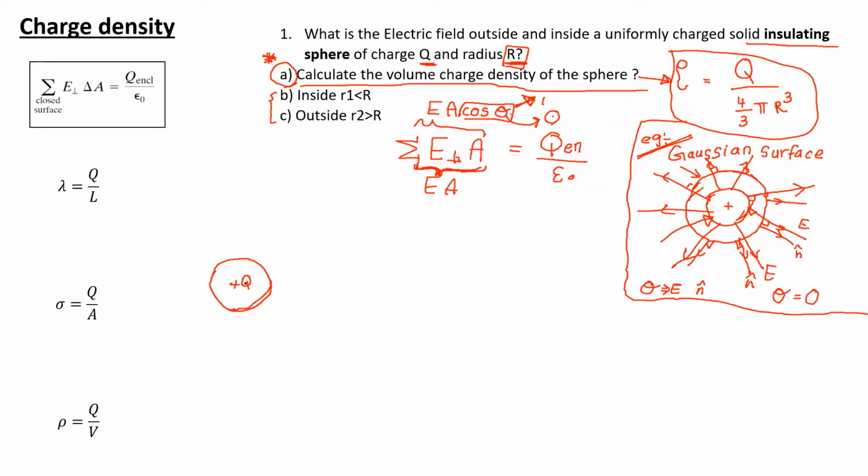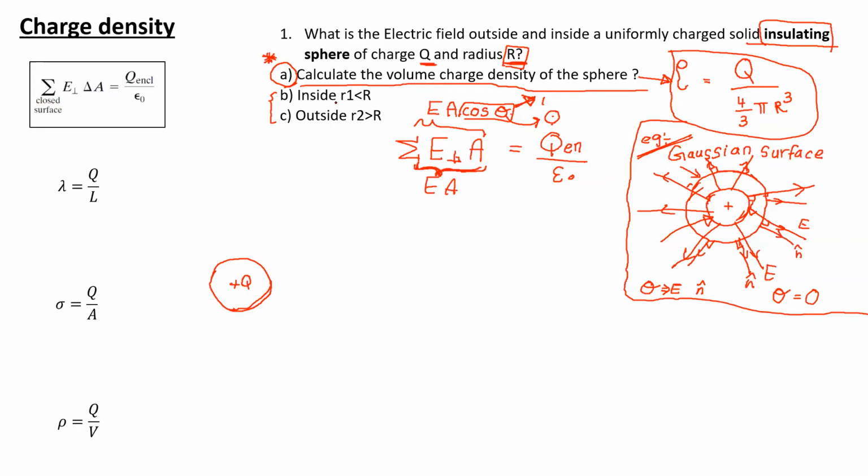What do they mean by uniformly distributed? Is it distributed from the center to the surface equally, or does it only have charge on the surface? Very good. So it is evenly distributed throughout the sphere. Whenever you see insulating, that means this charge is spread evenly throughout the sphere.